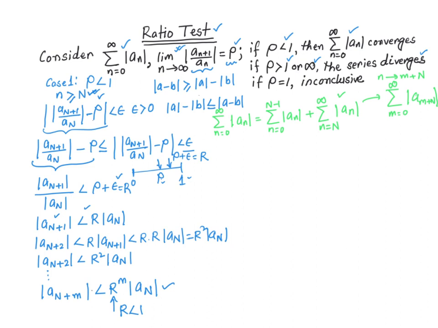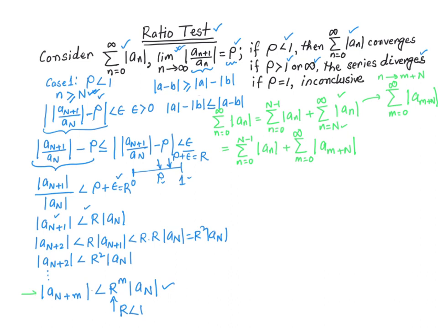So this becomes summation n equals 0 to capital N minus 1 of the absolute value of a sub n, plus summation m equals 0 to infinity. Now I have done the shifting of indices, so the absolute value of a sub m plus n.